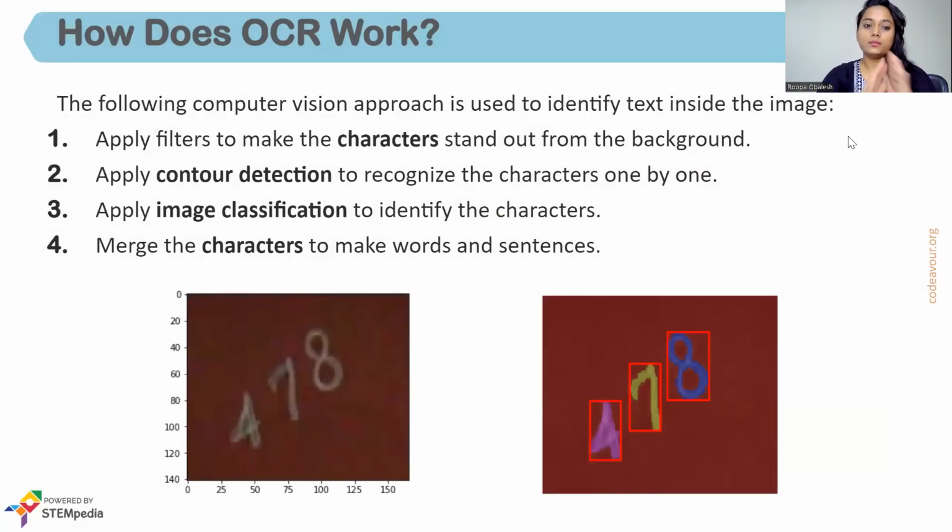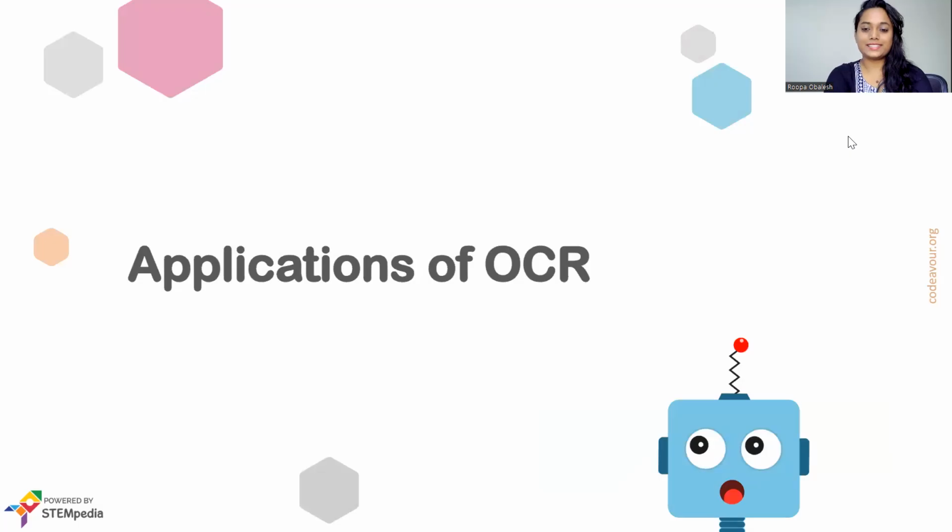Basically, the image we give to the system, it will first make the characters distinct from their background, and then it will use contour detection to recognize the characters one by one, and then the image classification concept is added to that to identify the characters, and the characters will be combined to make a word or a sentence. Okay, so as simple as this is the working.